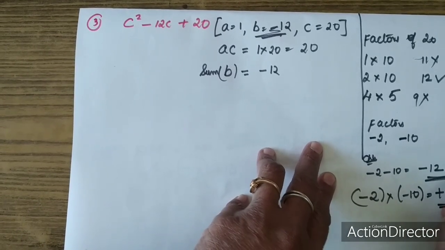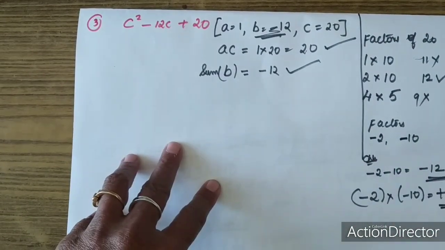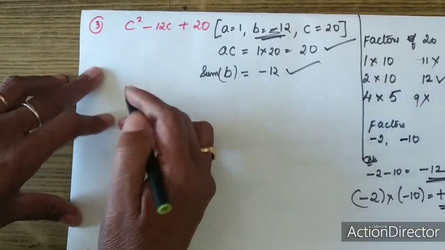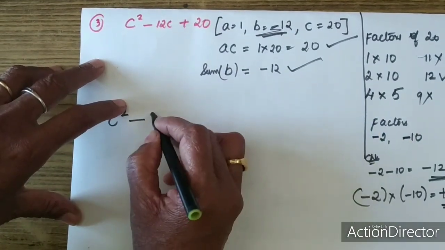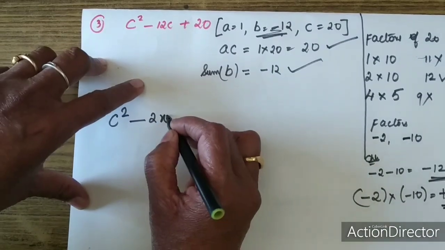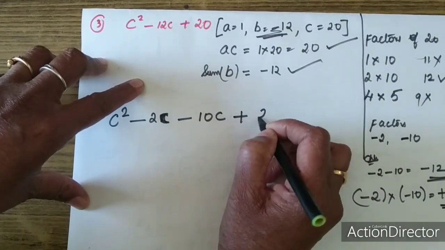So both the answers are right, that is plus 20 and minus 12. So accordingly, let me split the middle term. C square minus 2c minus 10c plus 20.